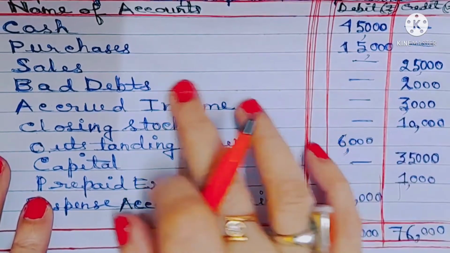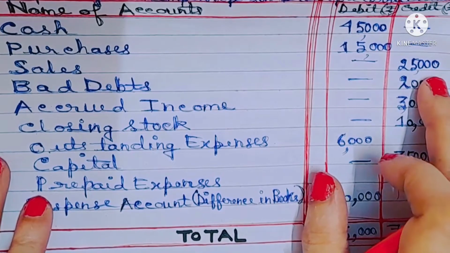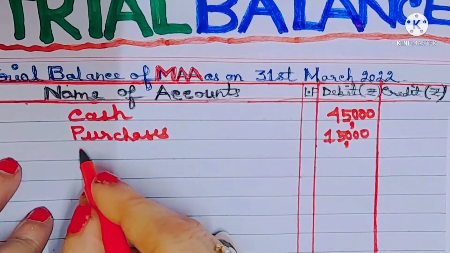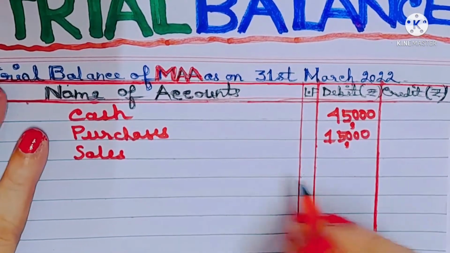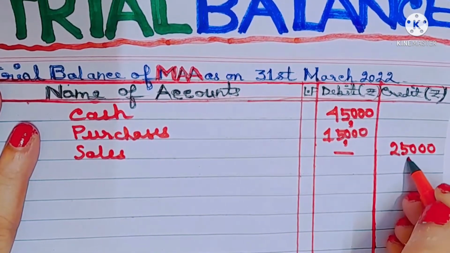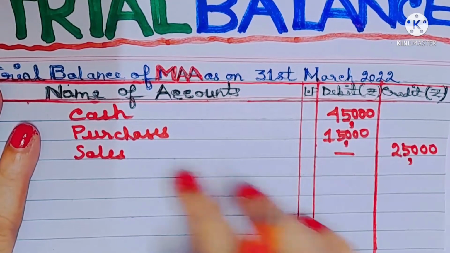The next account is sales, 25,000, correctly written in the credit column. So, let's write sales, 25,000. Sales has a credit balance and that is the reason we are writing 25,000 in the credit column. Why is sales credit?